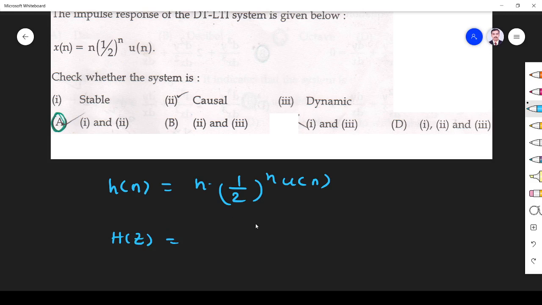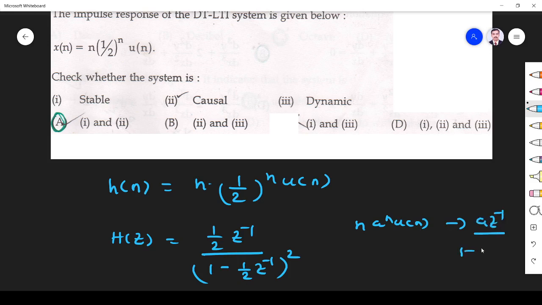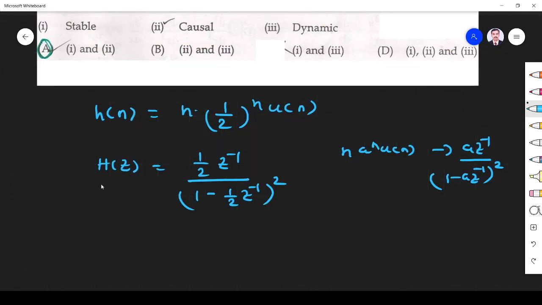So if I take the transform, the answer I get is 1 by 2 z inverse divided by 1 minus 1 by 2 z inverse whole square, because n into a^n u of n has a z transform of a z inverse divided by 1 minus a z inverse whole square, right? So now I know this is the transfer function, with ROC mod z greater than 1 by 2.